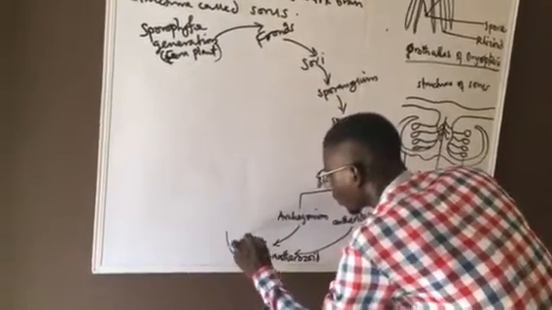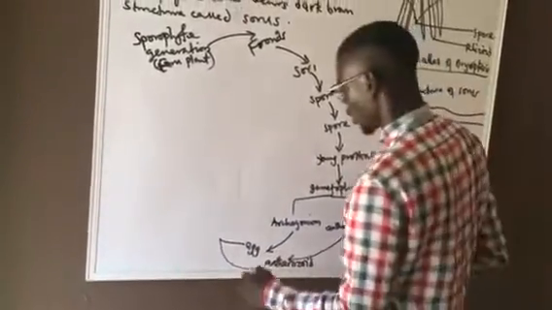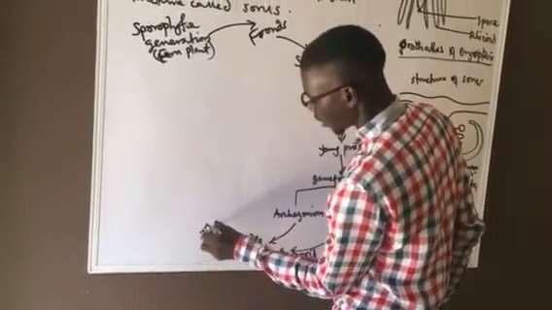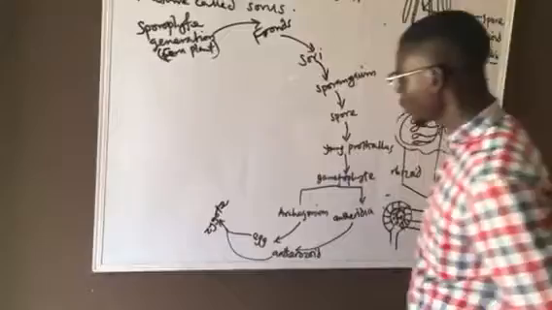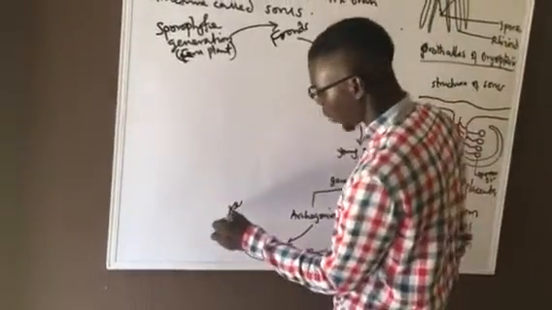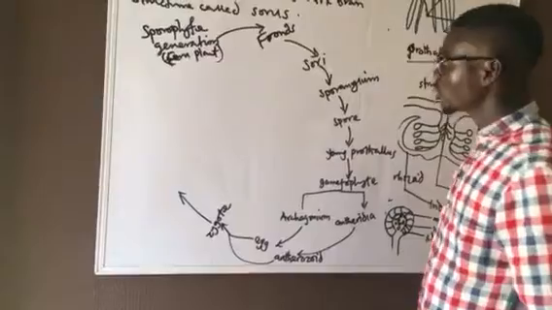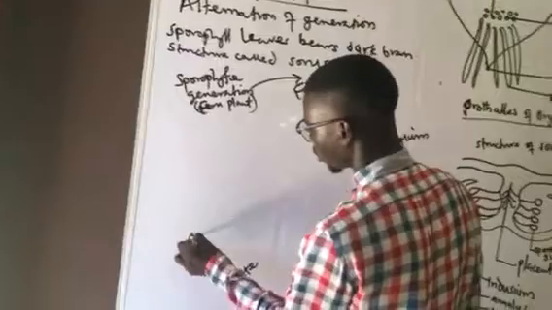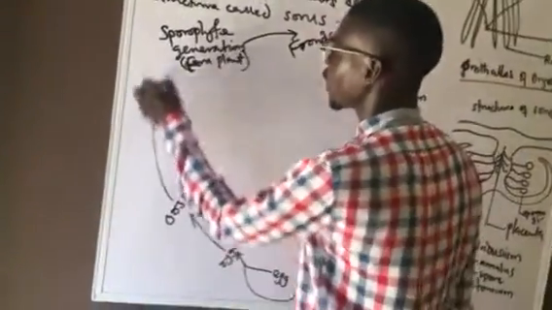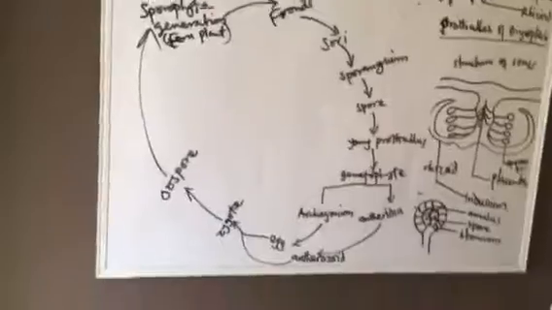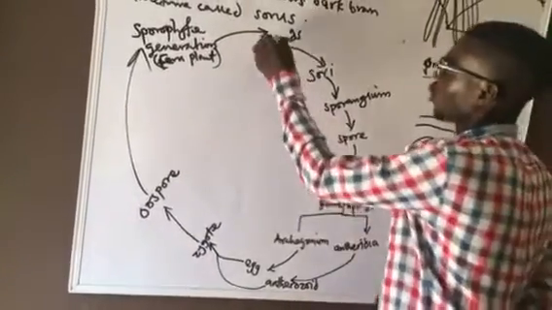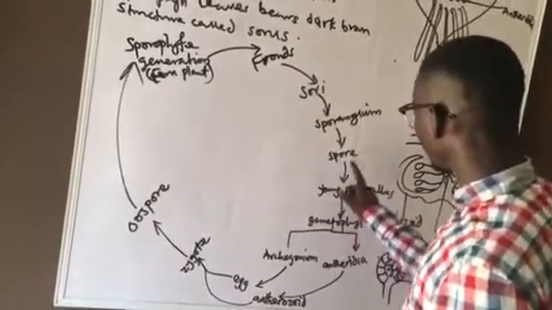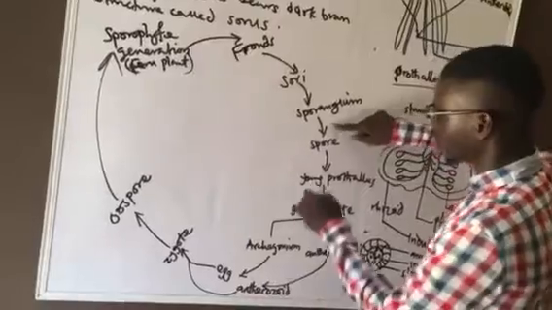There will be fertilization inside the archegonium, and the product will be the zygote. The zygote will develop a thick coat to become an oospore, and this will give rise to the Fern. So this is the life cycle of Fern, the sporophyte generation and the gametophyte generation.